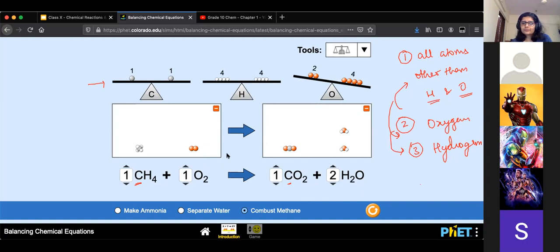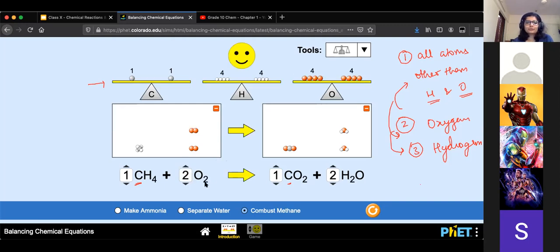We will add 2 more oxygen. So you will add one more to make it O2. Yes, you got the hang of balancing, Divya. This is correct. So your final thing is going to be CH4 plus 2O2 gives CO2 plus 2H2O. That will be the final answer.